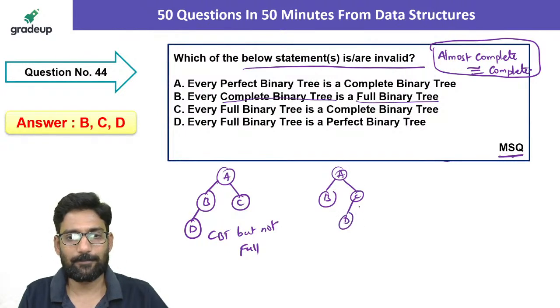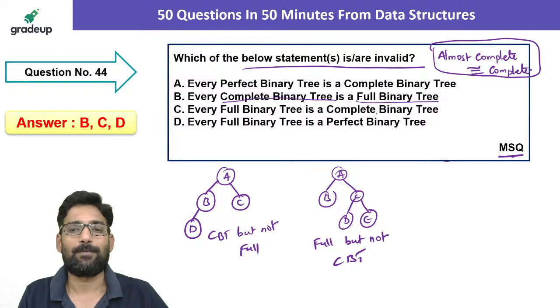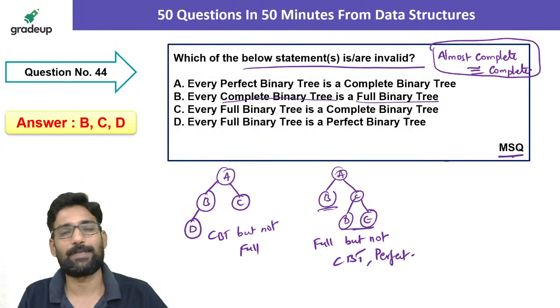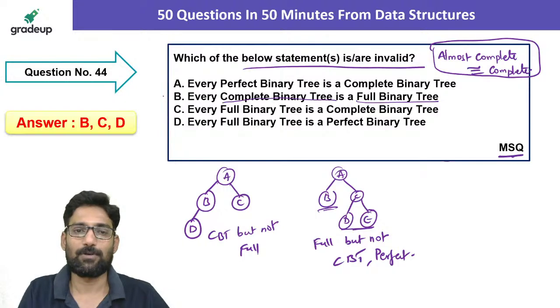Here I have a tree that is full but not complete. Every full is perfect? No, all the leaves should be at the same level; here B is at one level, D at another level. So it is full but not perfect. So B, C, D are false.